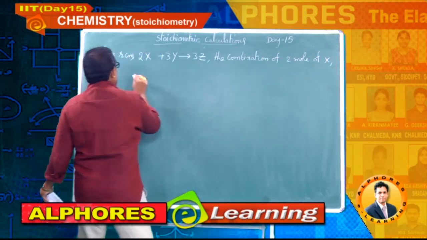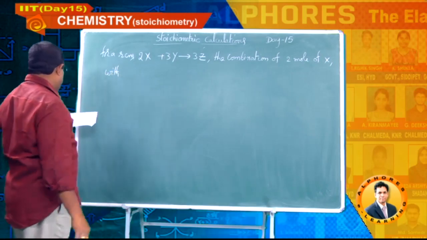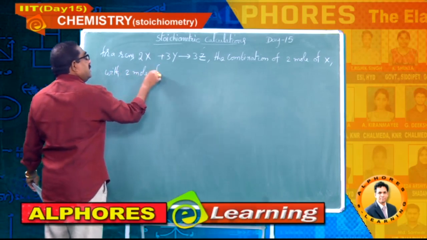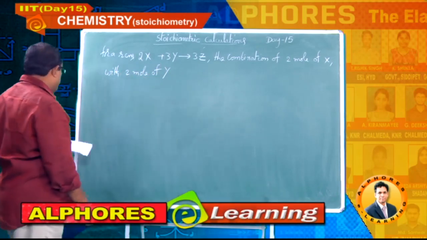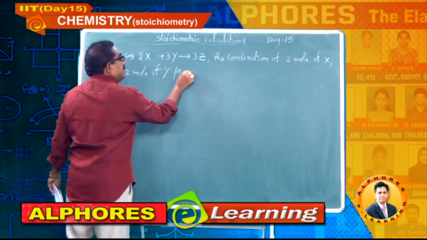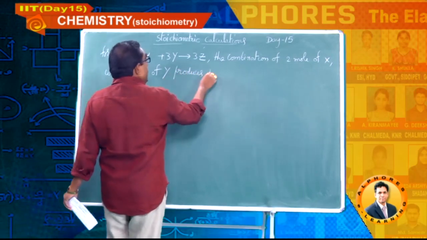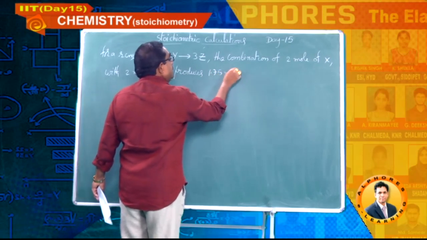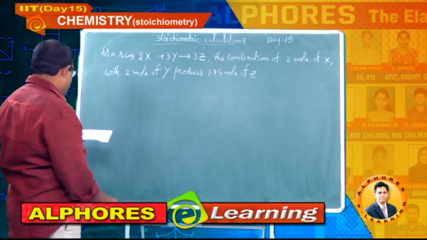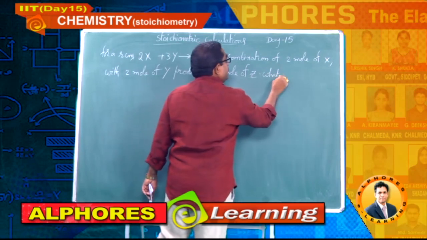with 2 moles of y produces 1.75 moles of Z. What is the percentage yield of the reaction?